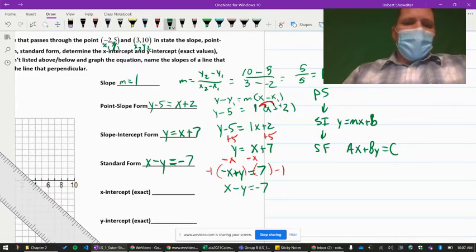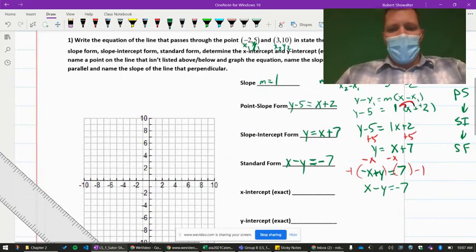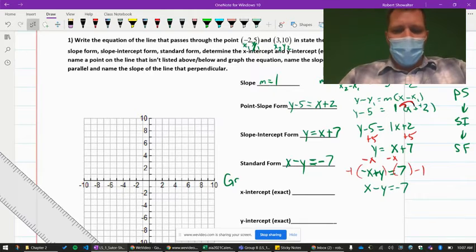All right, now let's dig into some of the other components. We've got our 3 forms of the equation: point slope form, slope intercept form, and standard form. Let's have a conversation about the x- and y-intercepts, the points that are on the line. To do that, I personally feel it helps to graph it at this point.